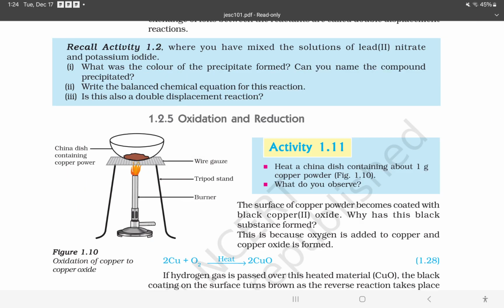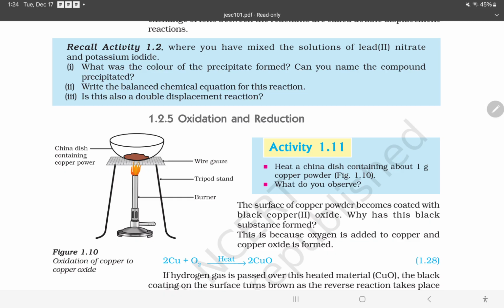So in the previous lessons, when we were telling about the activity 1.2, there we discussed the reaction between lead nitrate and potassium iodide. So what will happen in this one? This is also a best example for the double displacement reaction, right?